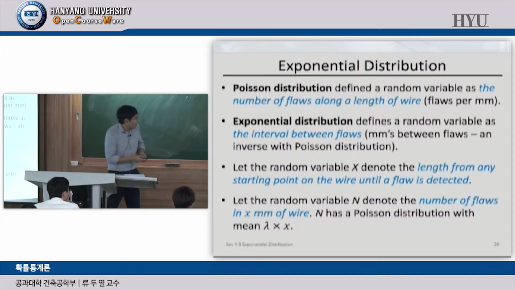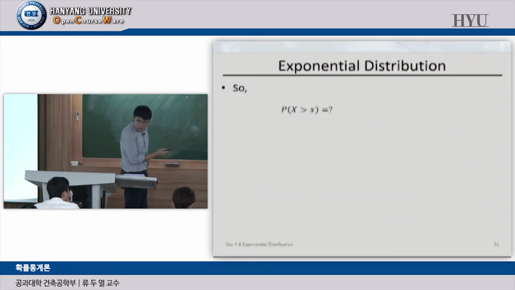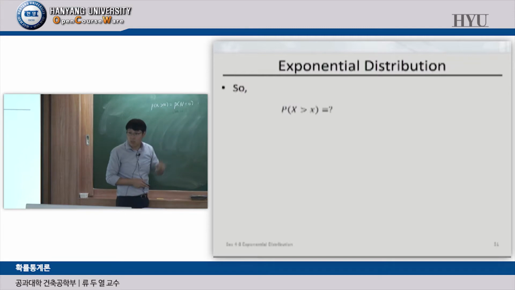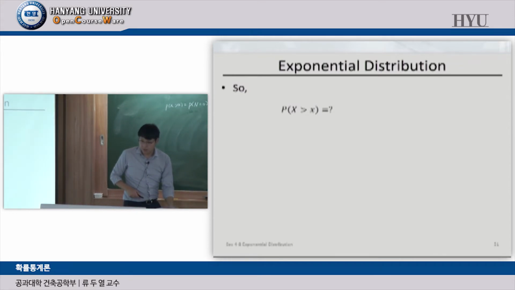So the probability of X when X is larger than small x should be equal to the probability of N when N is equal to 0, okay? And N follows the Poisson distribution, right?